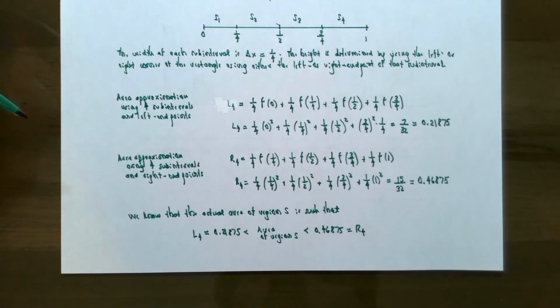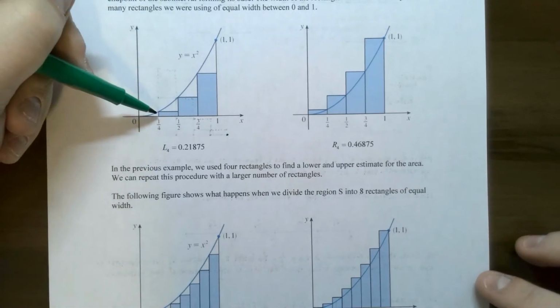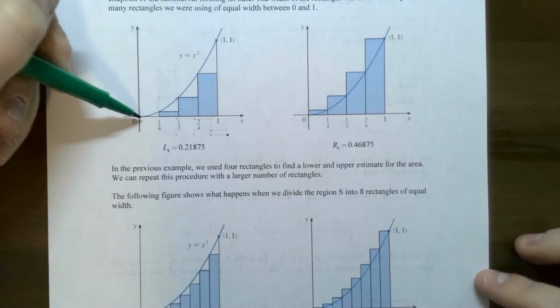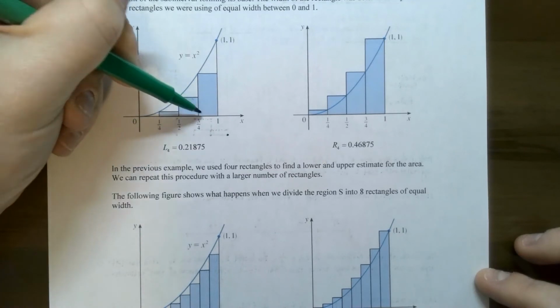We only used 4 rectangles. They were all equal width, and we were using a very basic function, which was y equals x squared. So this is what we found out. If you use 4 rectangles, the first rectangle doesn't show up because the height was 0. Then we found out the second rectangle's height, and then the area for the third rectangle, and so on.